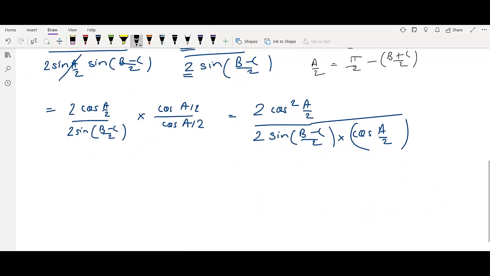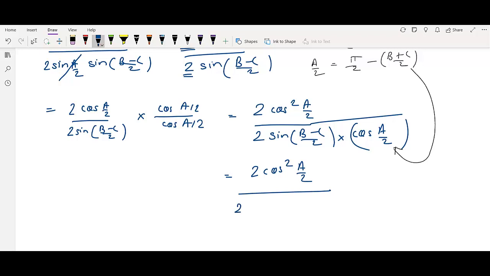So let us substitute that here. I get 2 cos square a by 2 in the numerator as we wanted, 2 sine b minus c by 2 cos of pi by 2 minus b plus c by 2.